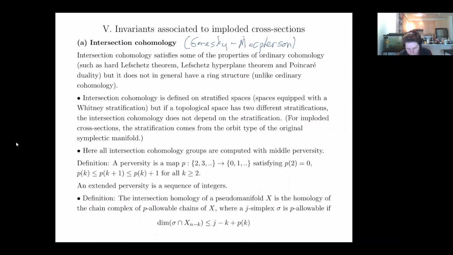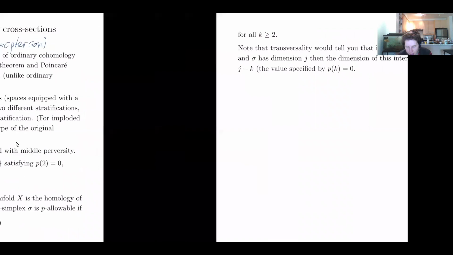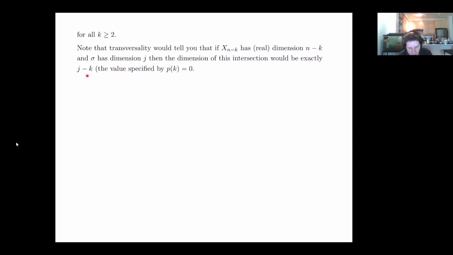Where if sigma were actually transverse to X_{n-k}, then this dimension would be j minus k, which would be consistent with the perversity being equal to 0.